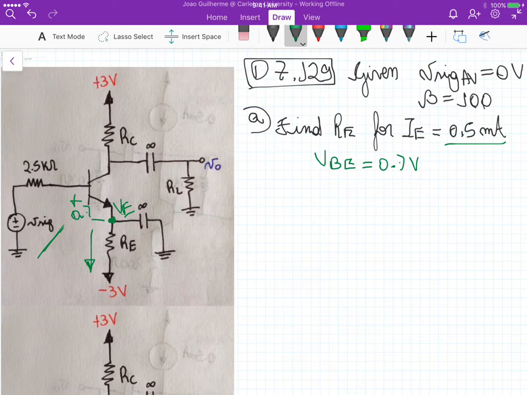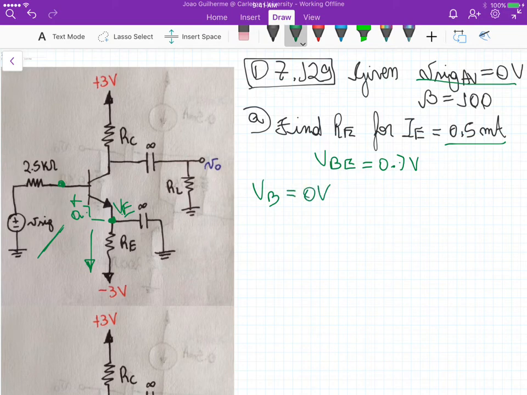And again, because this analysis in parts A and B comes from the DC analysis, we know that the average of the input signal is 0. So it means that VB here at this node, the DC value, is equal to 0 volts.